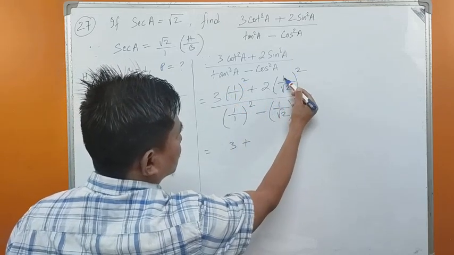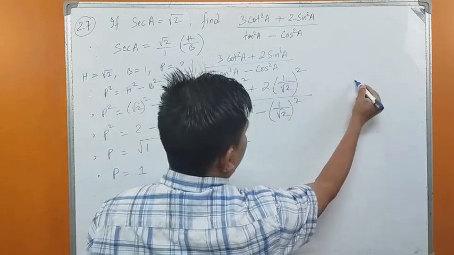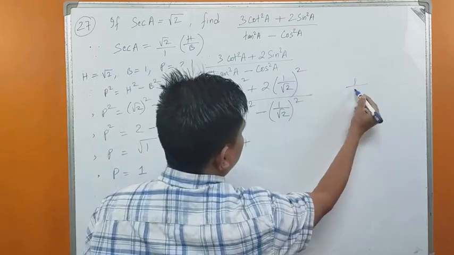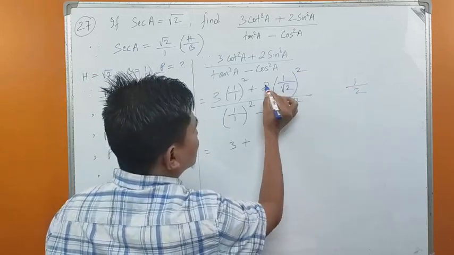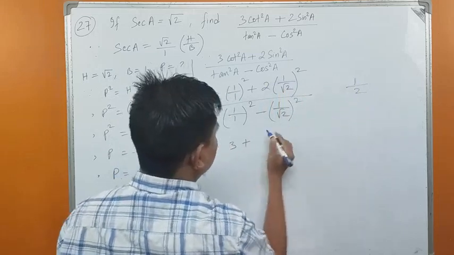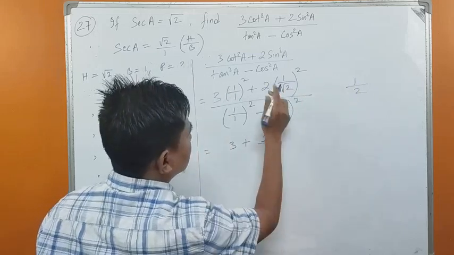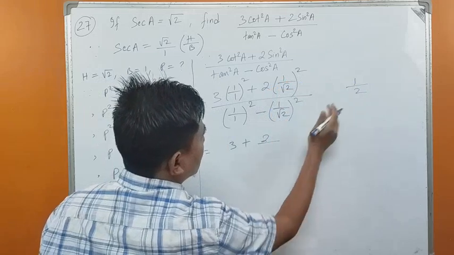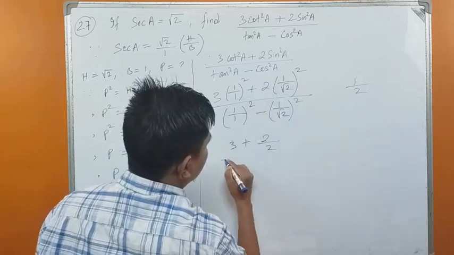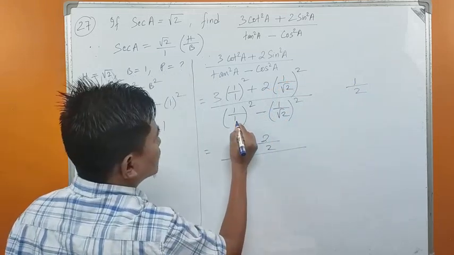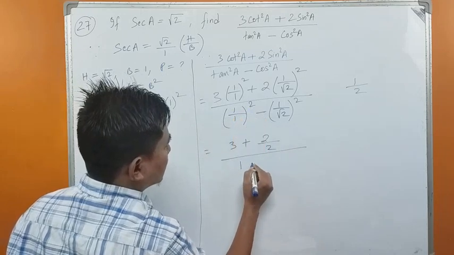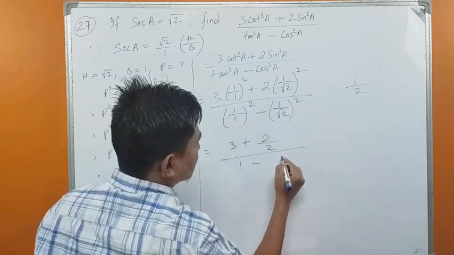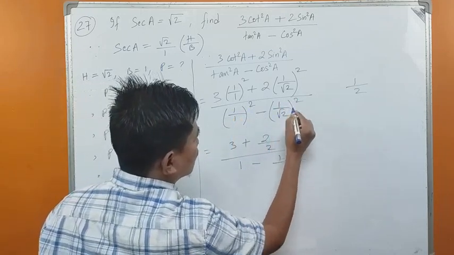So 2 into 1 is 2, so 2 upon 2, whole upon 1 upon 1 is 1, 1 squared is 1, minus 1 squared is 1, root 2 squared is 2.